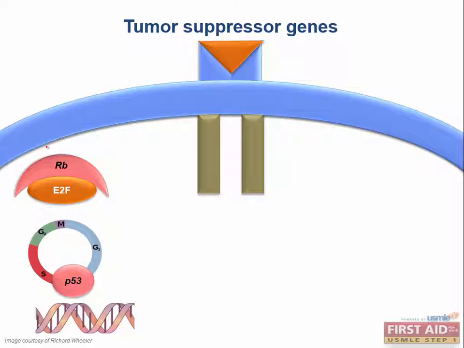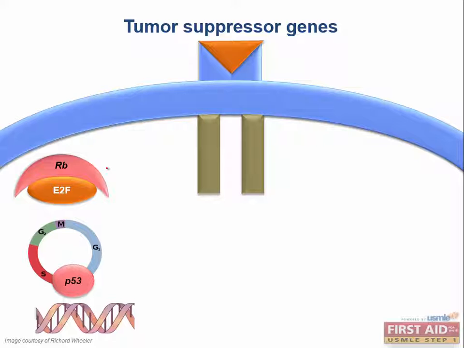Okay, and by the way, what does that do? So, essentially, P53 is on chromosome, do you know what chromosome it's on? Chromosome 17, and by the way, RB is on what chromosome? Chromosome 13. Okay, so P53 on chromosome 17 acts as a gatekeeper of the cell, and it ensures that all mutations are corrected within the cell before it can progress to the DNA-synthesizing phase, the S phase.